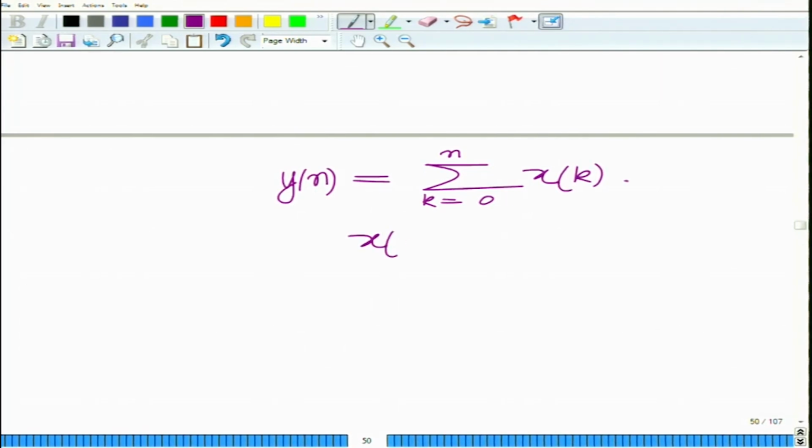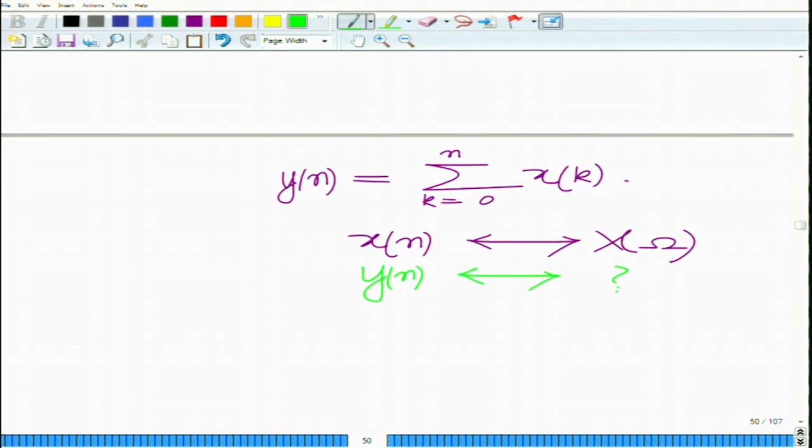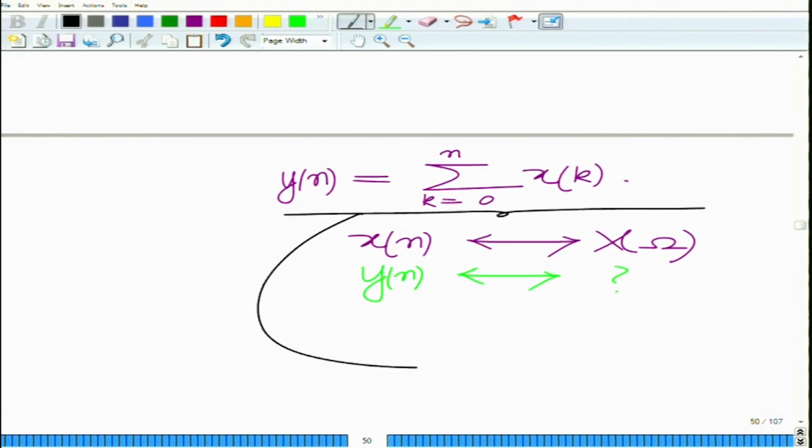Let us say x[n] has the DTFT X of omega. What is the DTFT of y of n? This system is termed as the accumulator.